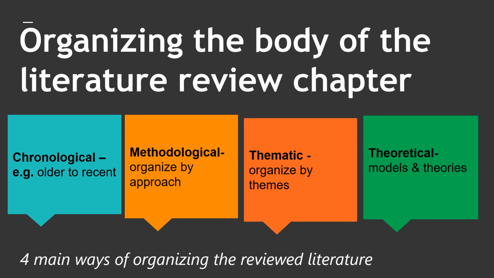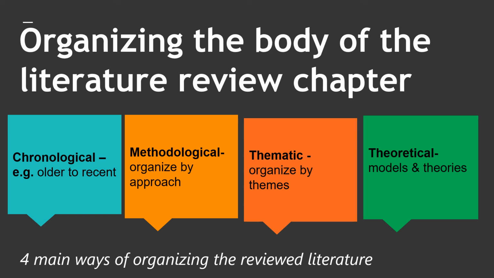In some cases, you might choose to organize your literature depending on the methodological approaches which are found in literature. So it depends on your field. In some fields, certain methodologies are key. Then sometimes it's important to organize your literature by methodological approach used by different scholars in your field.